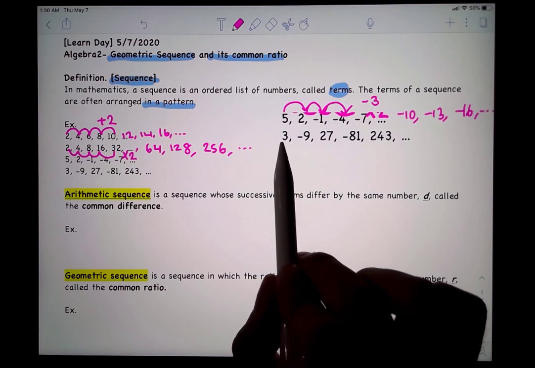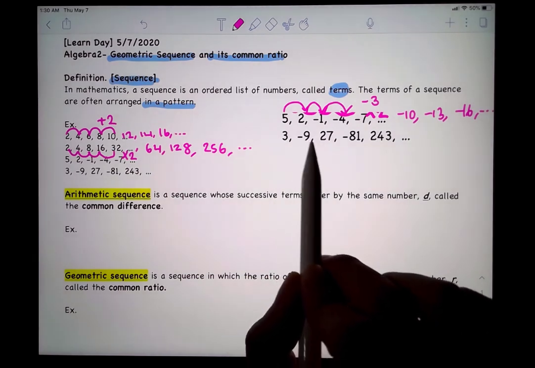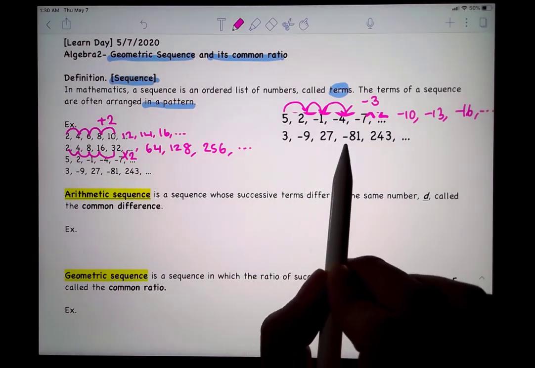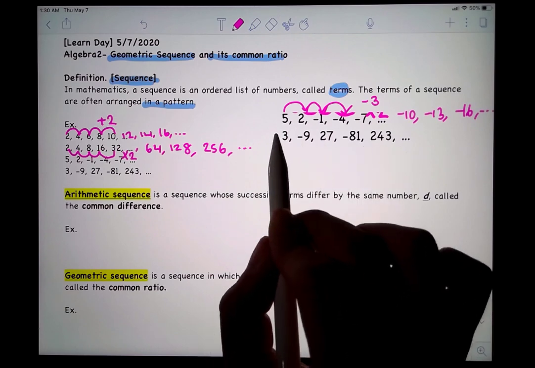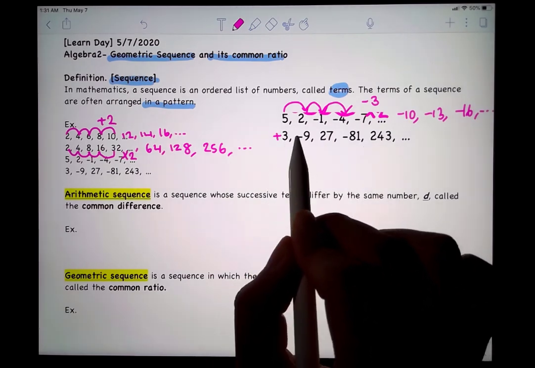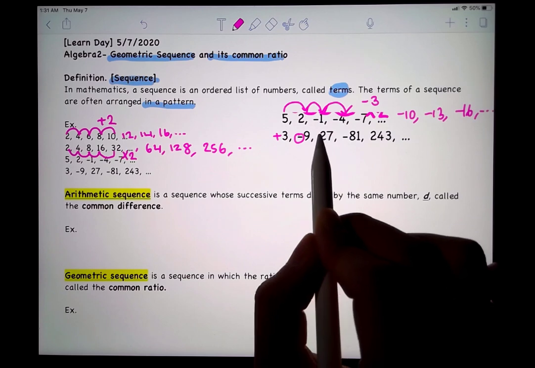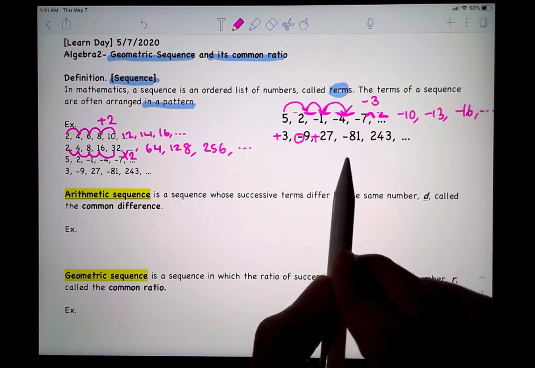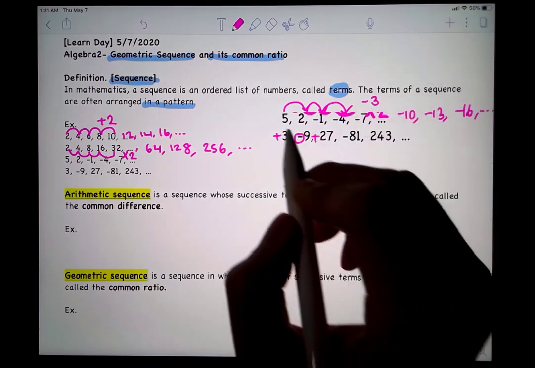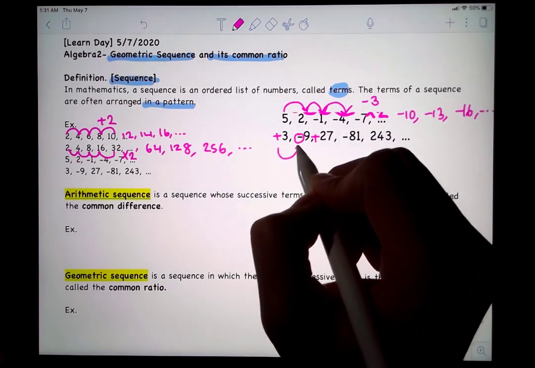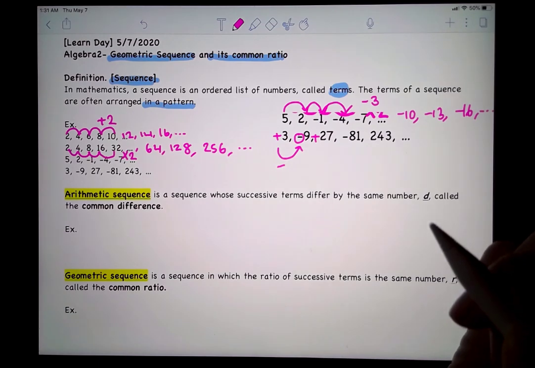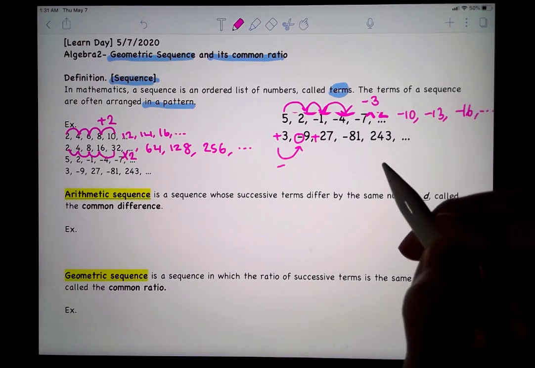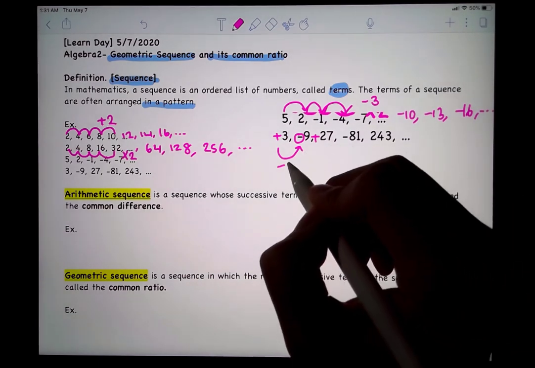And look at this. 3, -9, 27, -81. Do you see the sign changing from positive to negative, negative to positive? The sign is alternating, positive, negative, right? In this case, you're multiplying by a negative number. Think about it: 3 to -9, you multiply by -3.